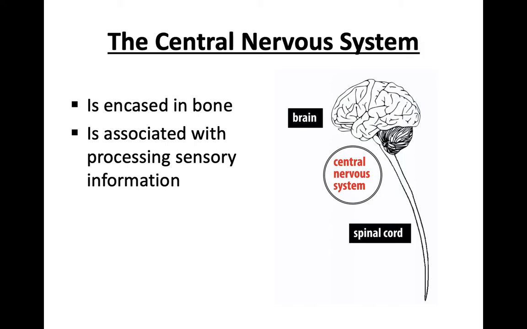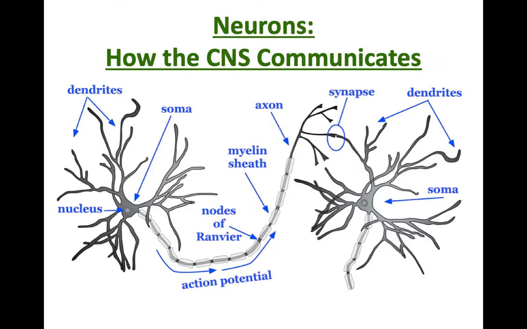Okay, so we're receiving all these inputs from the world, and we need to make sense of those inputs and process them, and we do that, of course, in our brain. And then after we process that information, the central nervous system sends out electrical chemical signals to the peripheral nervous system for action. And it does this through individual nerve cells, which are called neurons.